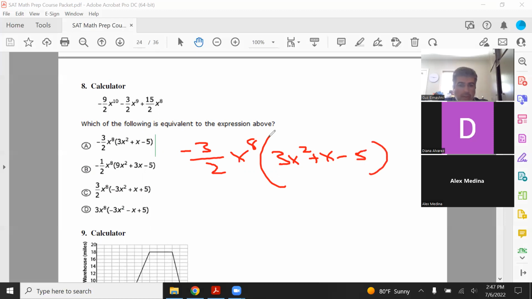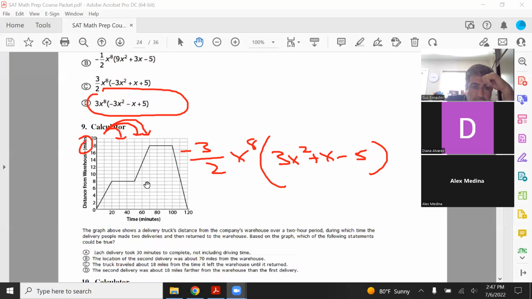And if you look at here, if you were to distribute, you would get back to all this right here. So A would make a lot of sense. You can also just distribute all the choices from the beginning and see what matches. That works too. That's it.